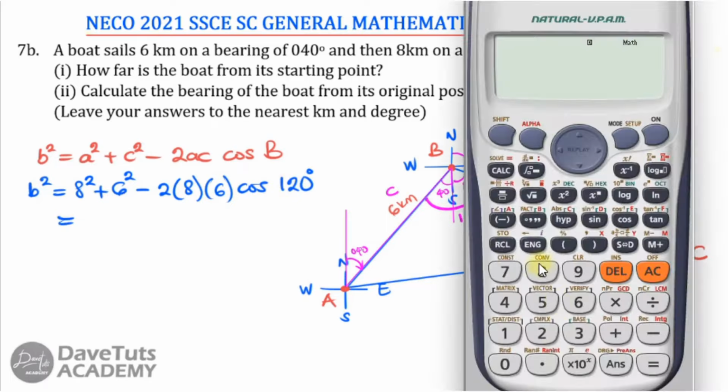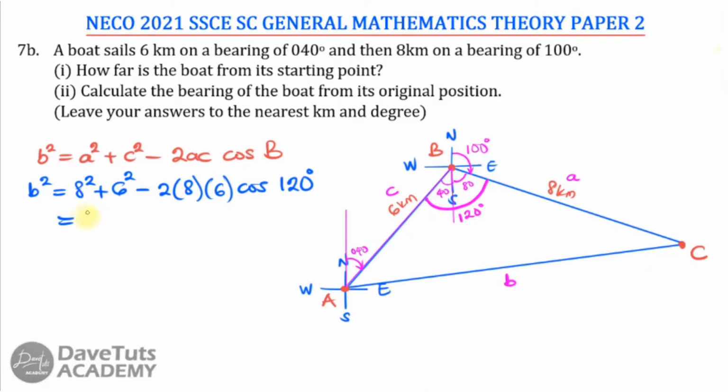Mind you, we can now input that into the calculator: 8 raised to power 2 plus 6 raised to power 2 minus 2 times 6 times 8 cos 120. So this is what? This is 148. So b squared is 148, and therefore b itself is the square root of 148.